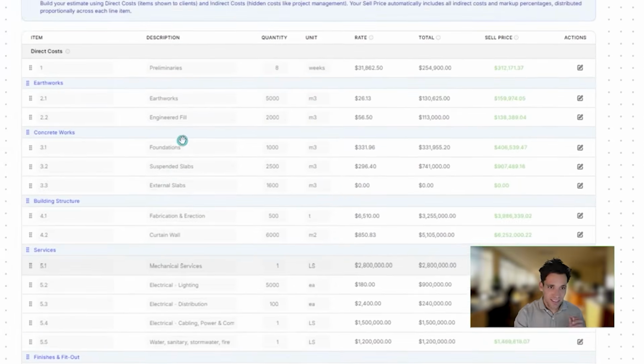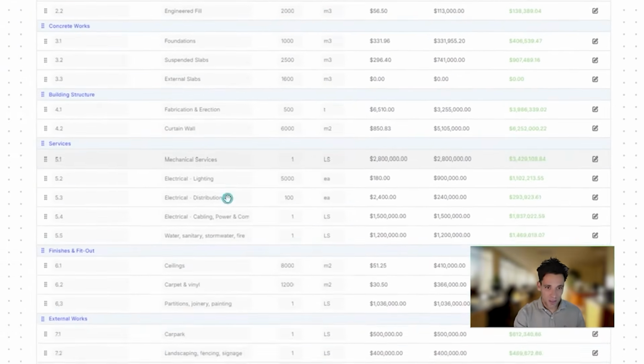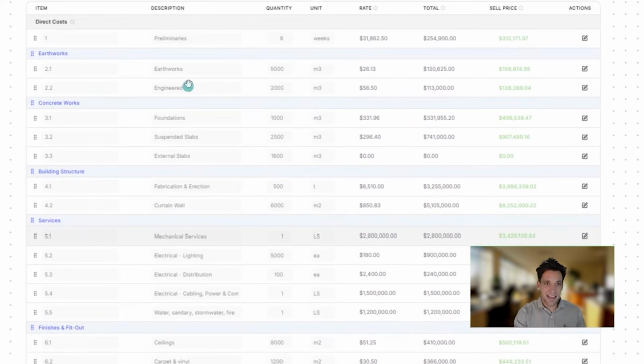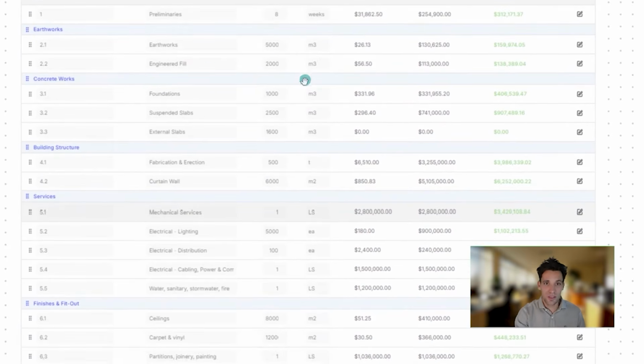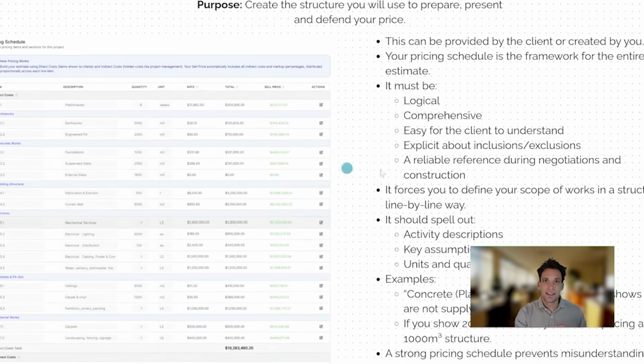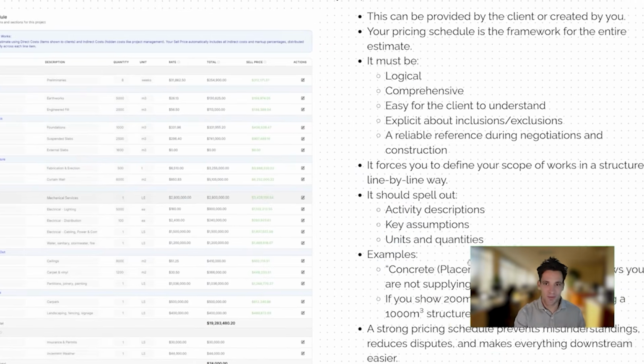So crystal clear, see from this scope exactly how we've priced the project. We've priced 5,000 meters cubed of earthworks, 2,000 meters cubed of placement, the foundations are 1,000 meters cubed. Now, again, this may contradict the scope of works, but if they've given us quantities, if they've given us information to rely on, it should be in the pricing schedule.